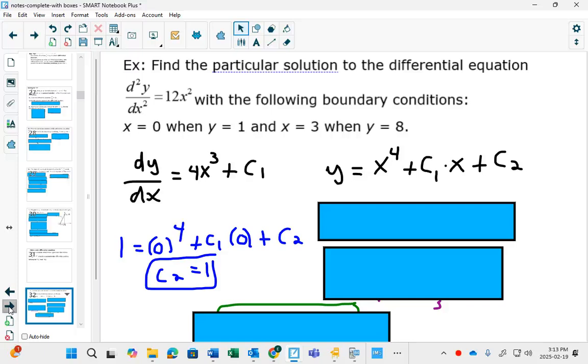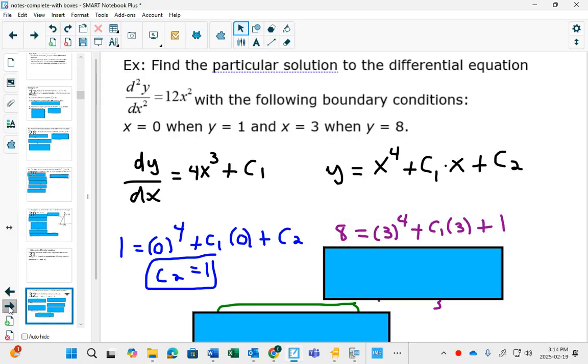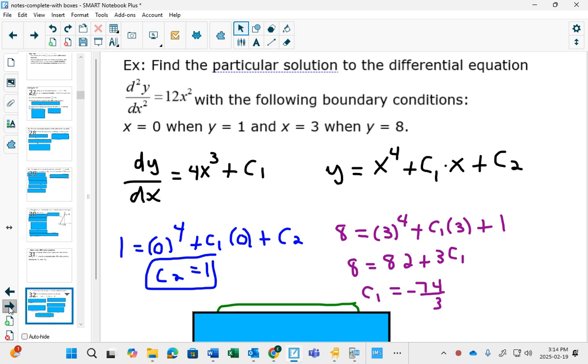But in this question we could have had a system of equations where you have two equations with two unknowns and have to use substitution or elimination, remember all of that, in order to solve. But this one, when I plugged in boundary condition number 1, I found C2. So now when I plug in boundary condition number 2, I already know C2 is 1, and I can solve that C1 is a wonderful fraction of -74/3.